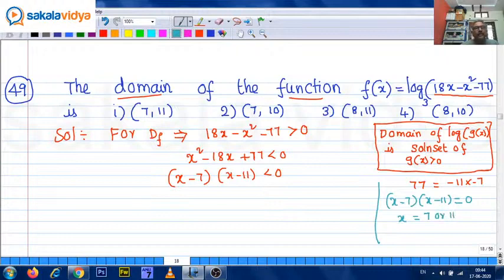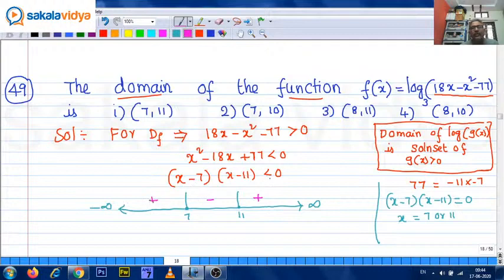Now take the number line, with the help of number line. This is negative infinity. This is positive infinity. 7. This is 11. So now the 3 intervals: 1, 2, 3. So now here positive sign, x minus 11 power is odd, changes to minus, x minus 7 power is odd, minus changes to plus.